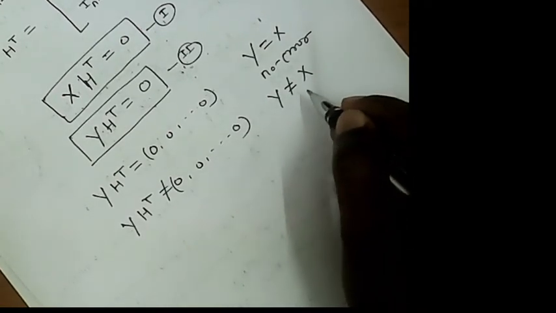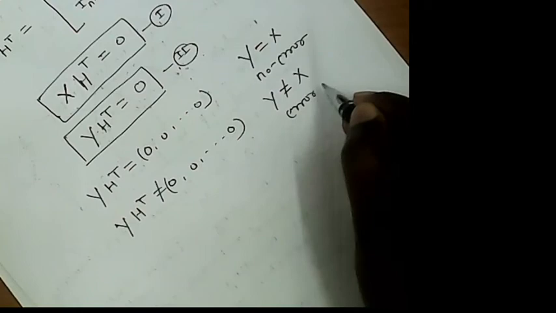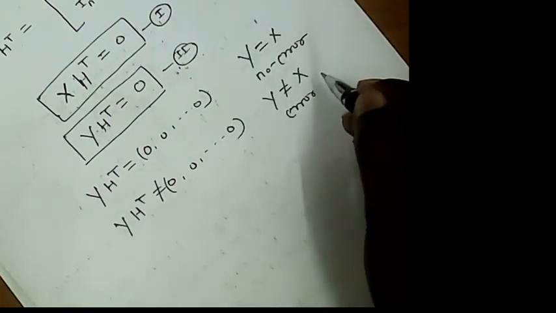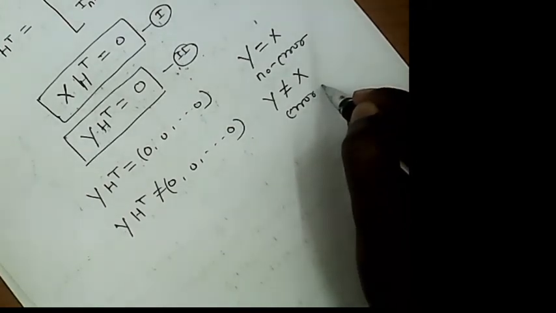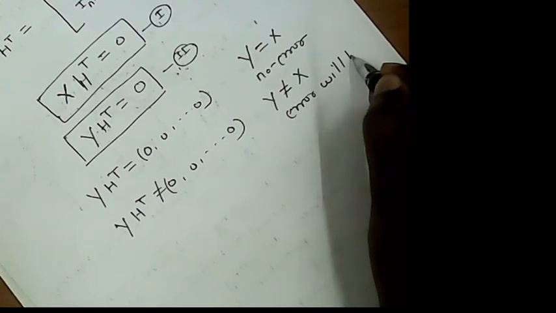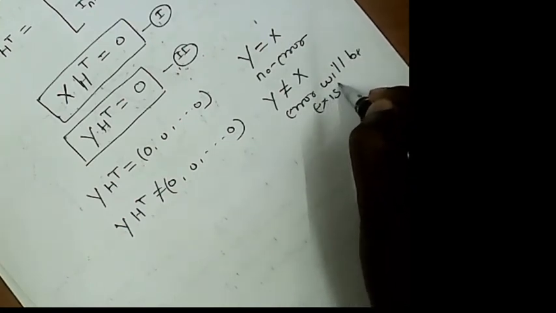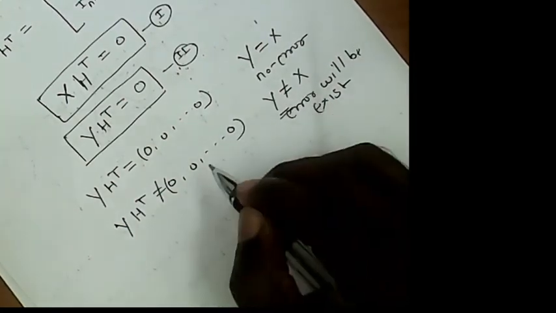So there is an error existing. By using these two equations, by using this property, we can explain the error detection at the decoder side. So an error exists in the received code word y.